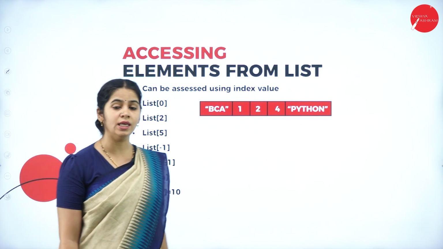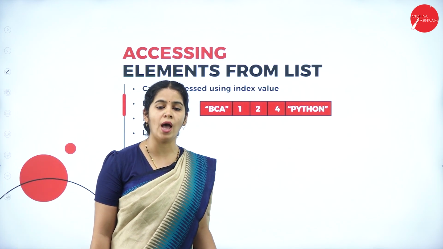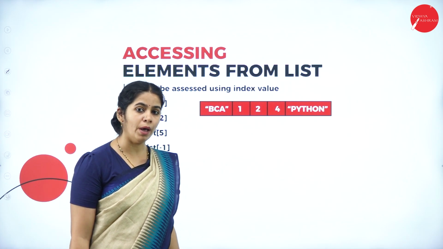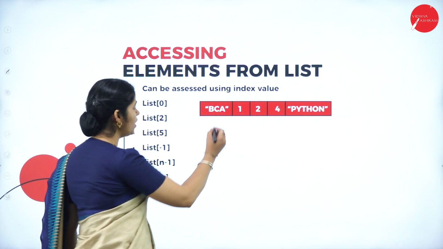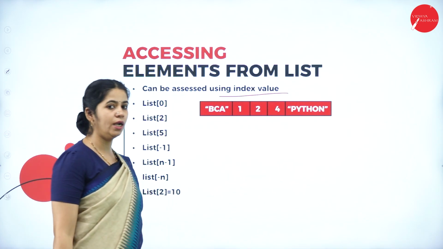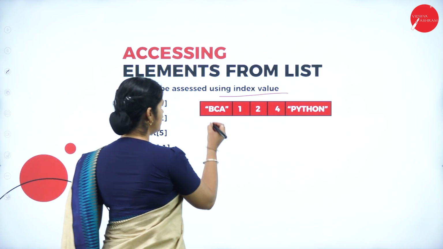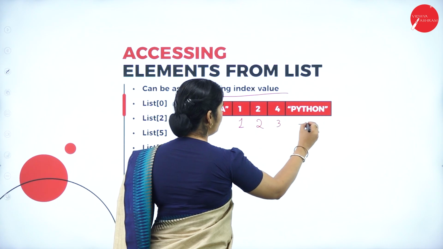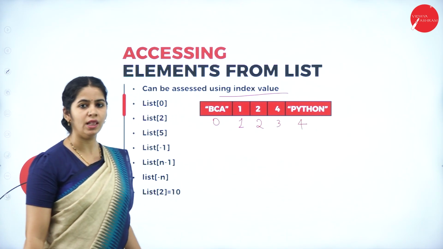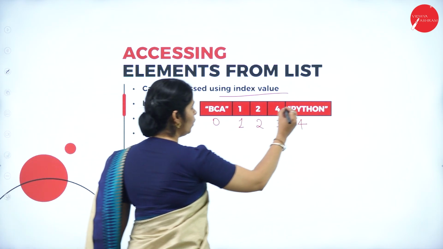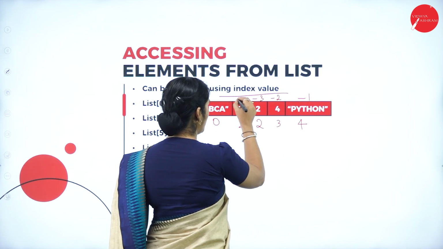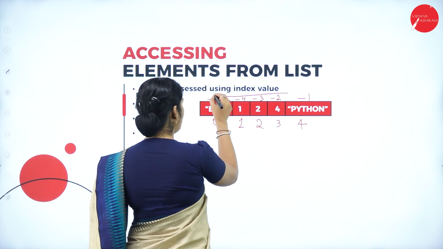Next, accessing an element from the list. How are we going to access a particular element from the list? By using indexing. What are we using? By using the index value. Here you can see 0, 1, 2, 3 and 4. The index value of the last element of the given list is 4. As I told you, it also allows negative indexing: -1, -2, -3, -4 and -5.